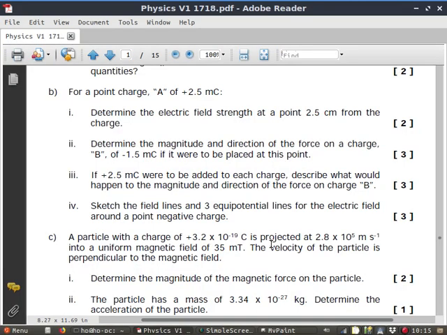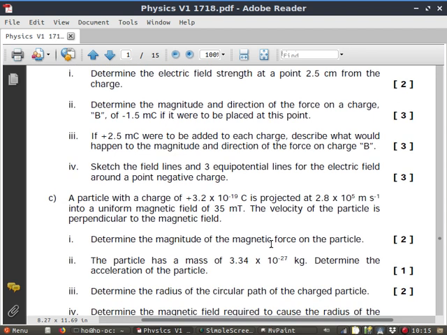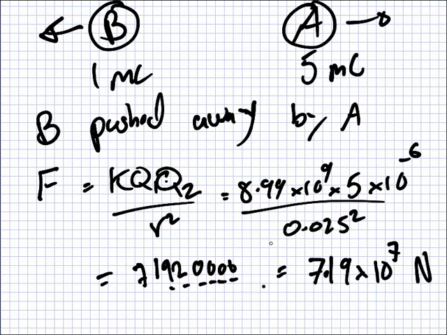Next, sketch the field lines and 3 potential lines around a point negative charge. Right, so there's the negative charge.